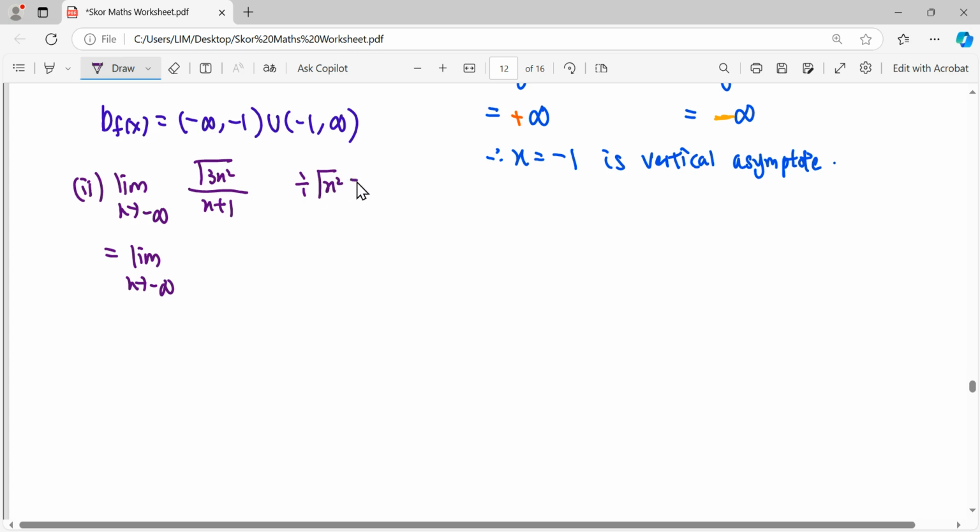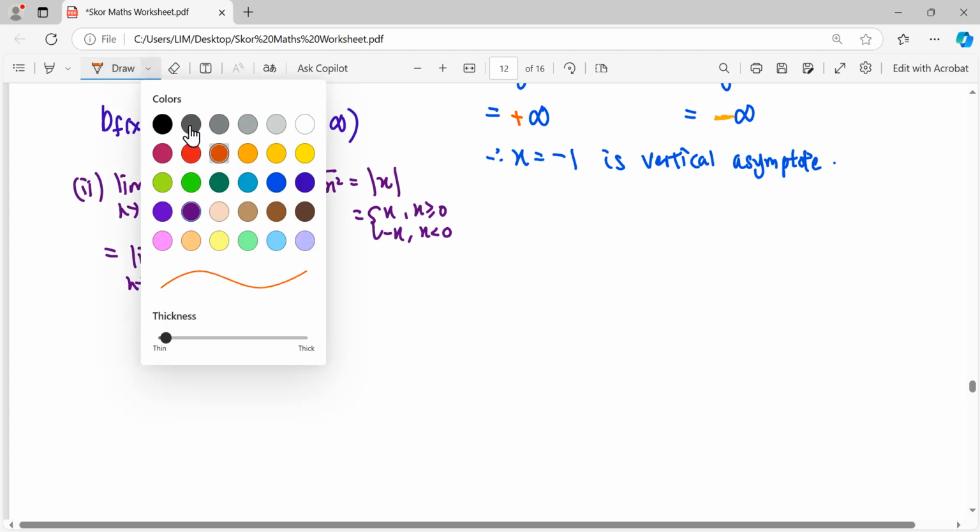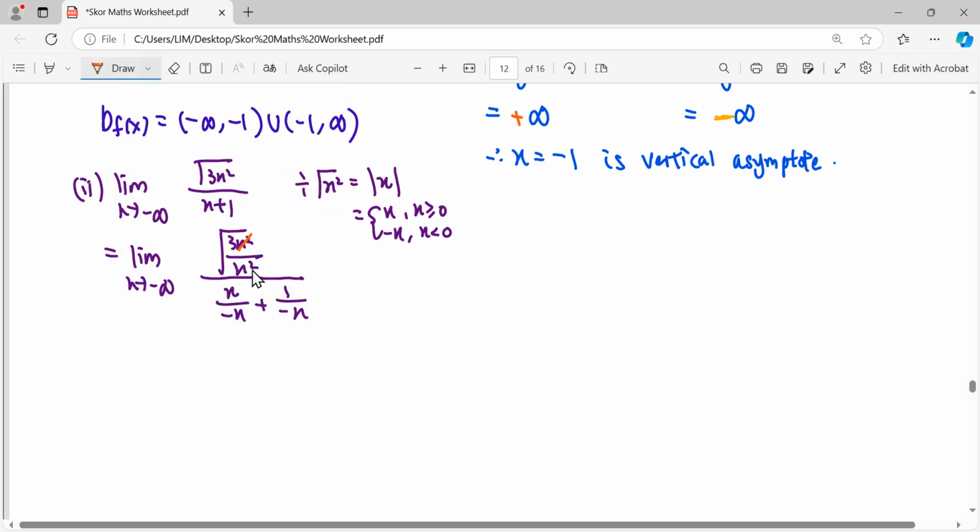The square root of x squared is actually equal to modulus x. It can be positive, it can be negative. So for x approaching negative infinity, under the surd, 3x squared over x squared. So on the denominator here, without surd, x will be divided by negative x. Then we can simplify.